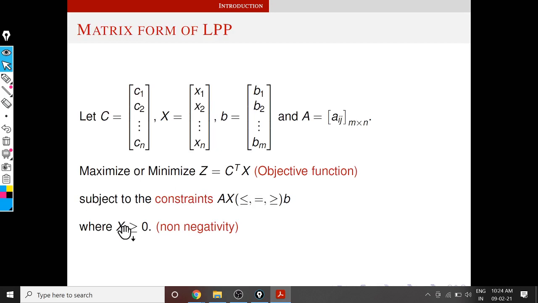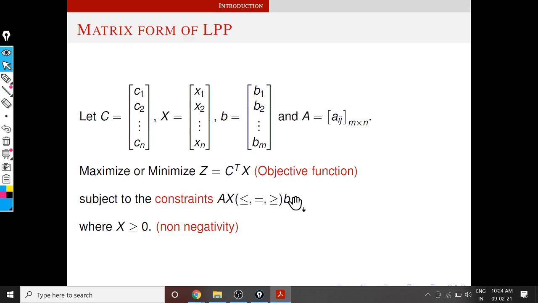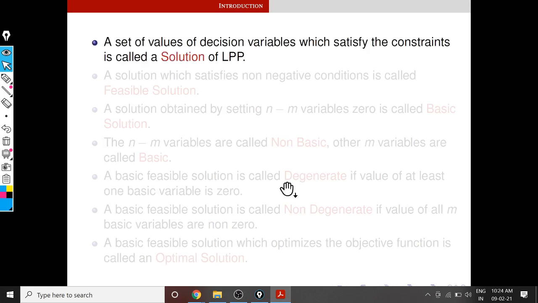That means x, our decision variable, x1, x2, up to xn, and we have constraints like Ax equal to B. Those x satisfying only these m constraints are called solutions.